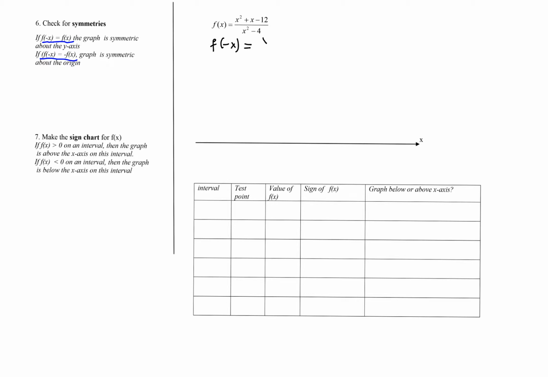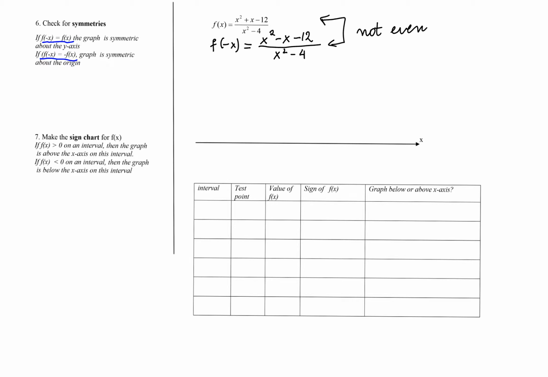If you substitute negative x for x in the formula, we'll have (x squared minus x minus 12) in the numerator over x squared minus 4. If we compare those two formulas, you can see that they are different, and therefore the function is not even, and there is no symmetry with respect to the y-axis.